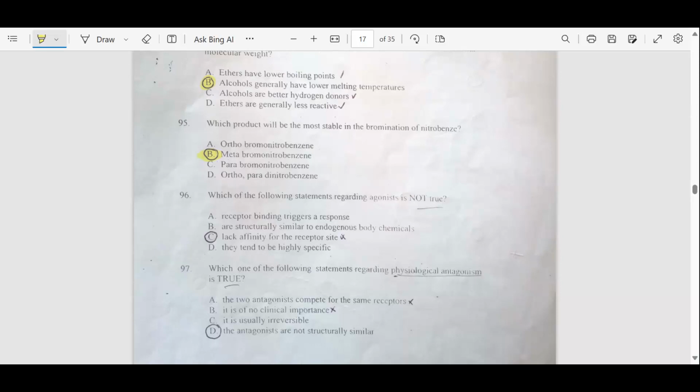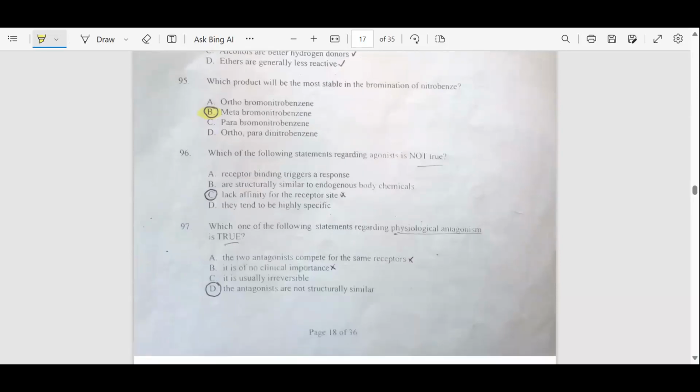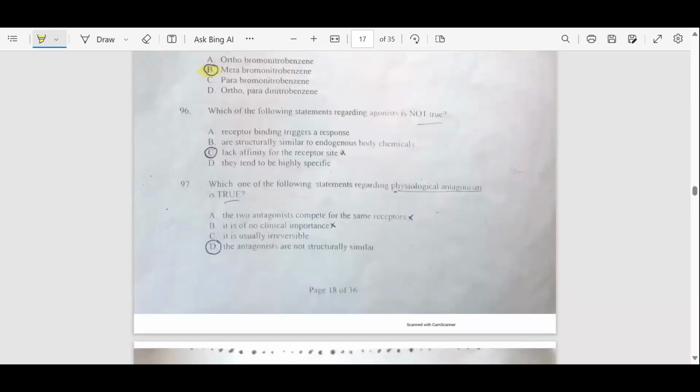So number 96, which of the following statements regarding agonists is not true? Choice A, receptor binding triggers a response. Choice B, are structurally similar to endogenous body chemicals. Choice C, lack affinity for the receptor site.